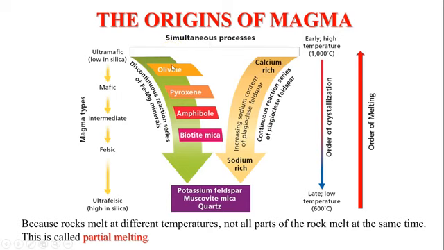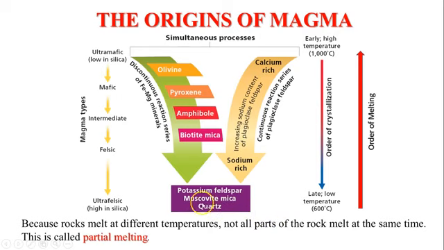Well, the first thing that happens is olivine comes out of it, and you've got olivine. And then olivine reacts with the remaining melt, and then you get pyroxene. And then you keep on going, and all these minerals crystallize out. Well, now just imagine we have a rock that has all of these minerals in it. Okay? Well, what's going to happen is the order of melting is going to be in reverse order.